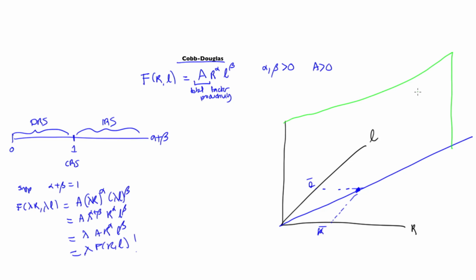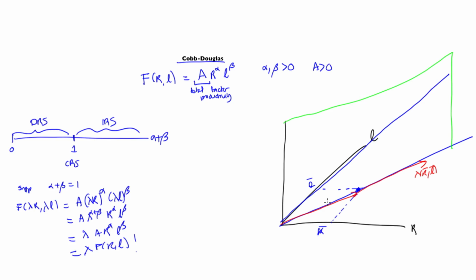We can plot the function on that plane, and then we can ask what happens as we scale up production, let's say from this initial point by multiplying by lambda to this point, which is going to be lambda K bar, lambda L bar. We're just scaling up and down. Well, when alpha plus beta is equal to 1, the function is linear along those rays.